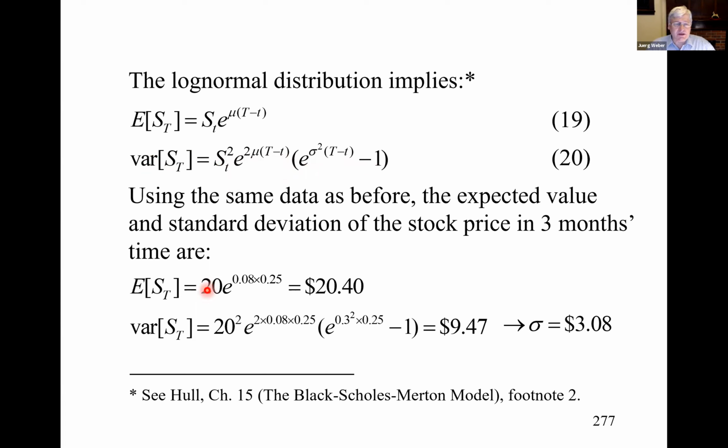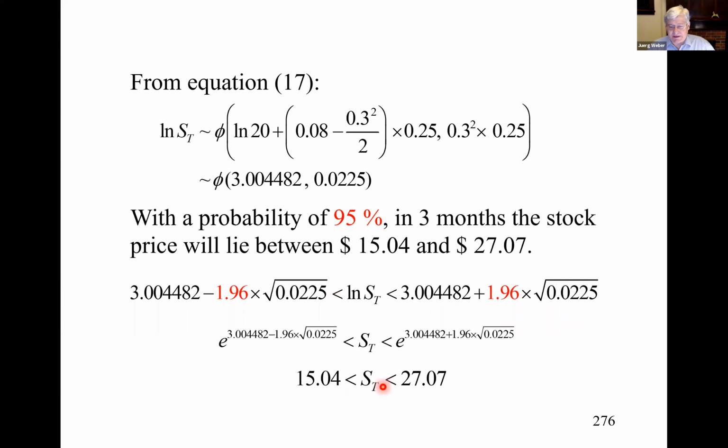Now, when we plug in the data here, we get an expected share price of $20.40. The expected value is $20.40. It's actually closer to the 15 than to the 27. So the expected value is not in the middle, but that's because, okay, here the logarithm matters.